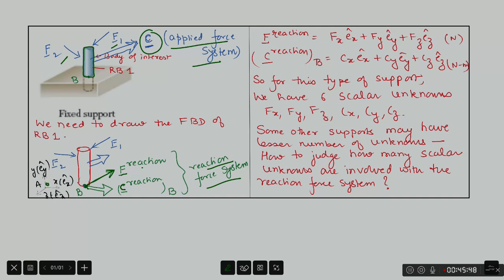Similarly, the reaction torque can be written in this manner, where you have three unknown scalars. A fixed support in general is capable of generating all these scalar components.